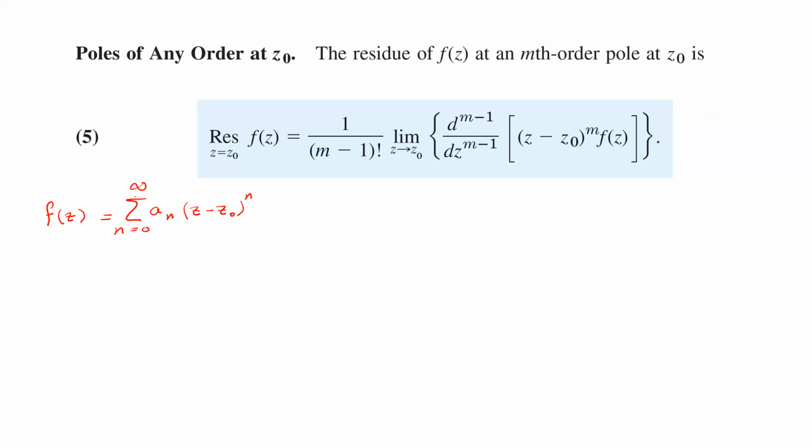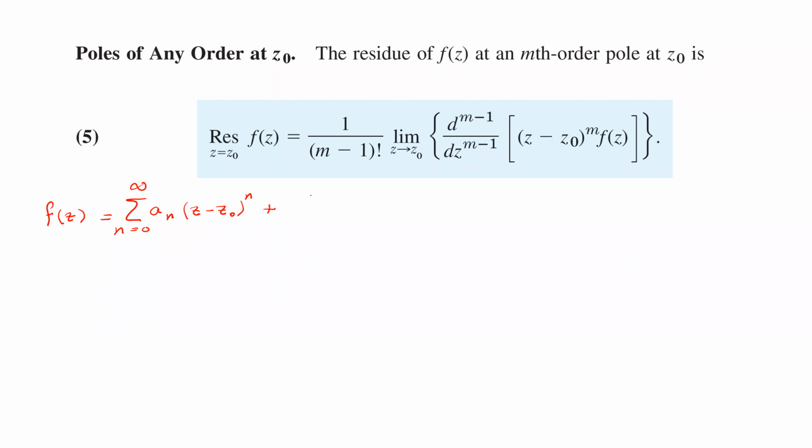This is the Taylor series part, which is the analytic part, plus the other terms. Let's separate. I can write the sum of bn over z minus z naught to the power n, as n goes from 1 to infinity.